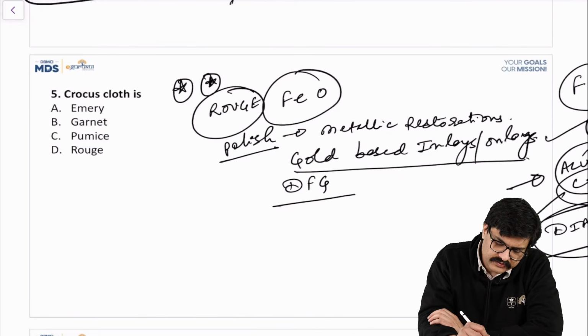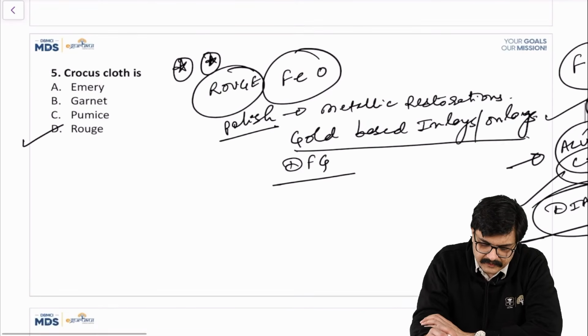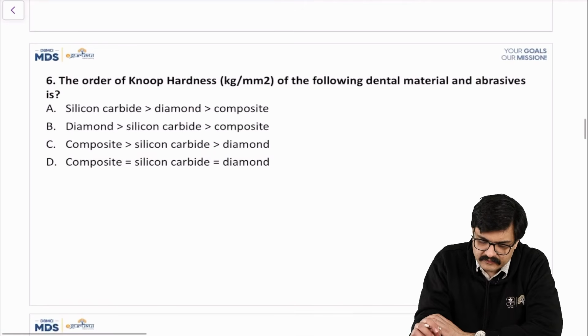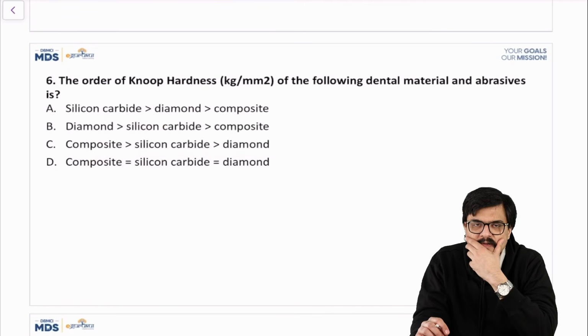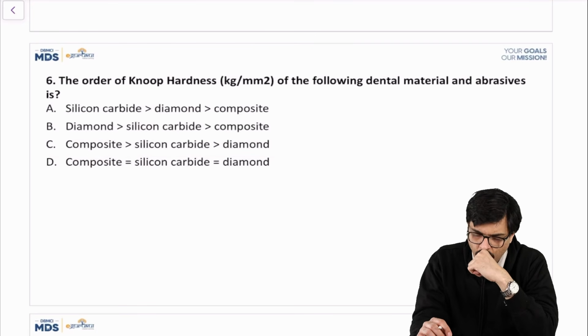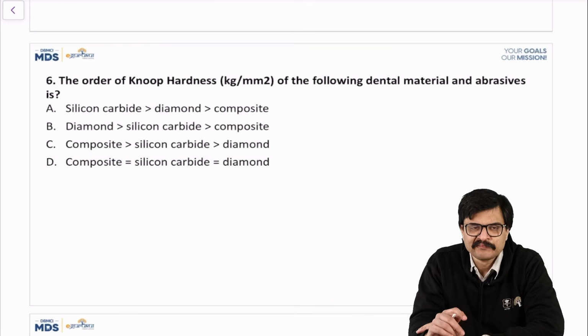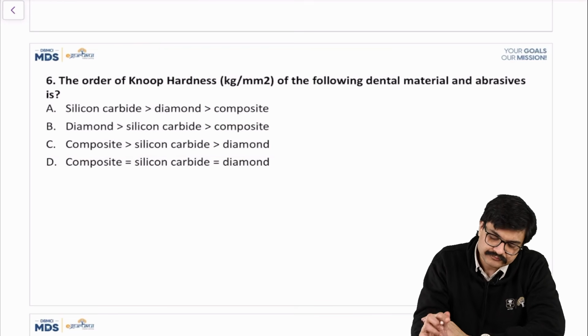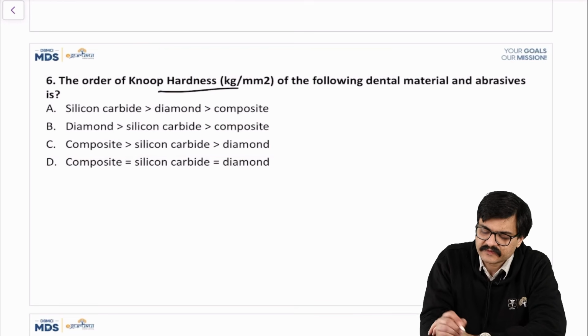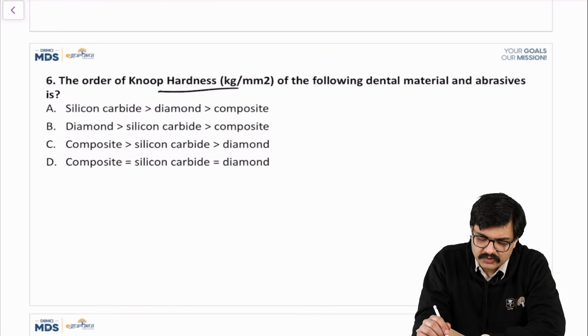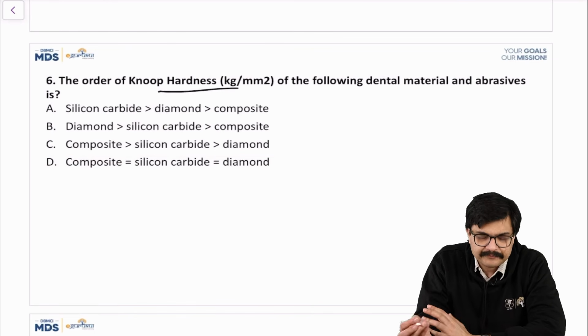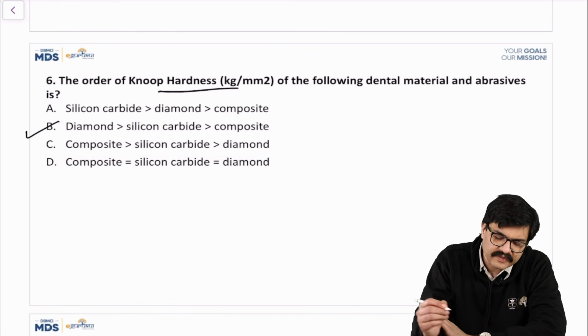So here crocus cloth is rouge. That's the answer. Then the next question is, I think, a PYQ. I deliberately put this here simply to tell you to solve this question by common sense. No need to memorize the values of the Knoop hardness number of these things. If you see the Knoop hardness number, obviously the hardest substance is diamond, which is there in only one option.